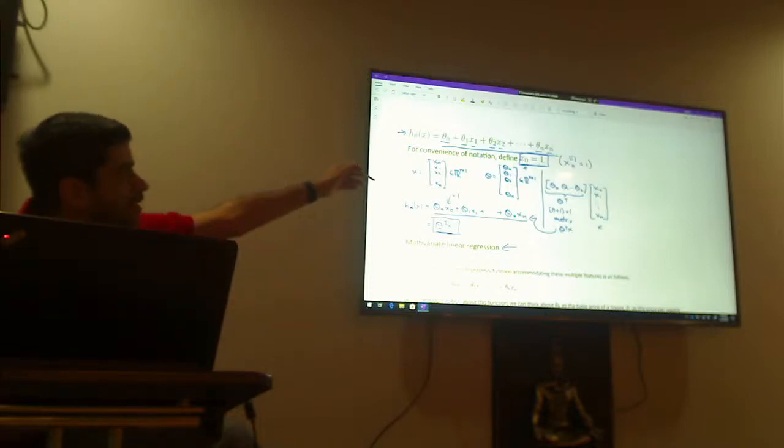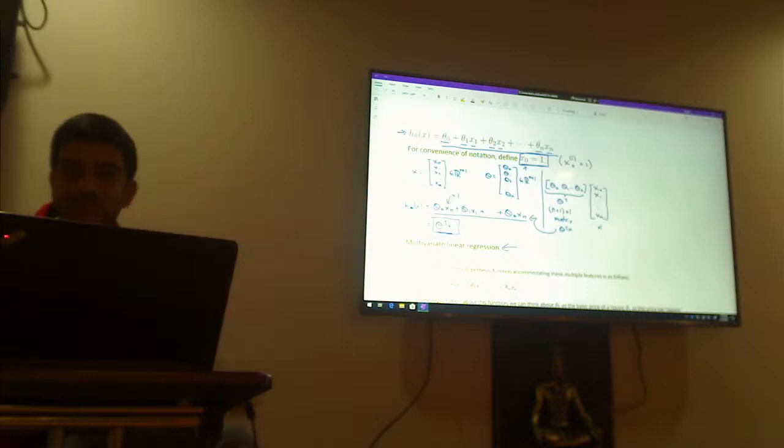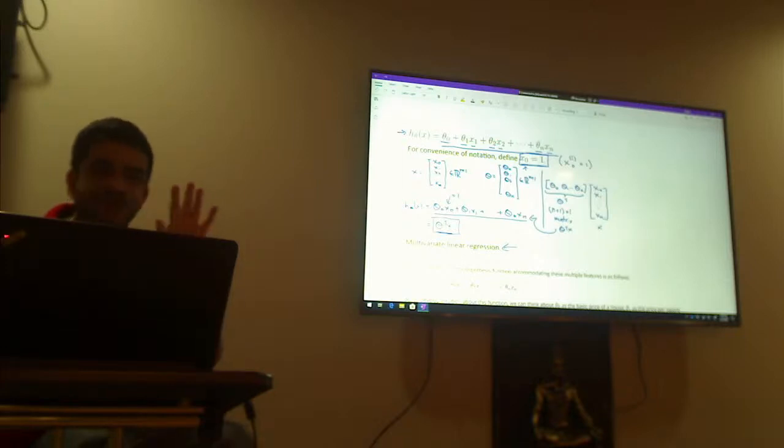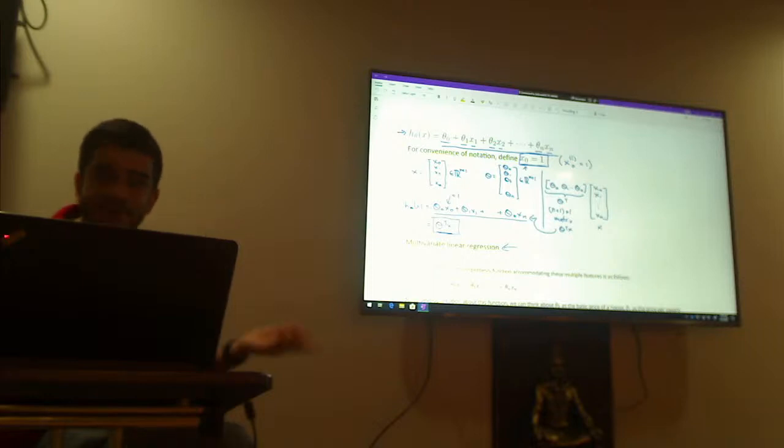So let's say we set x0 equal to 1 for convenience. Why? I gave the logical explanation. You want to make sure that the number of features and the number of parameters are the same, for calculation convenience. So the constant you always put as x0, as long as the value of x0 is 1.